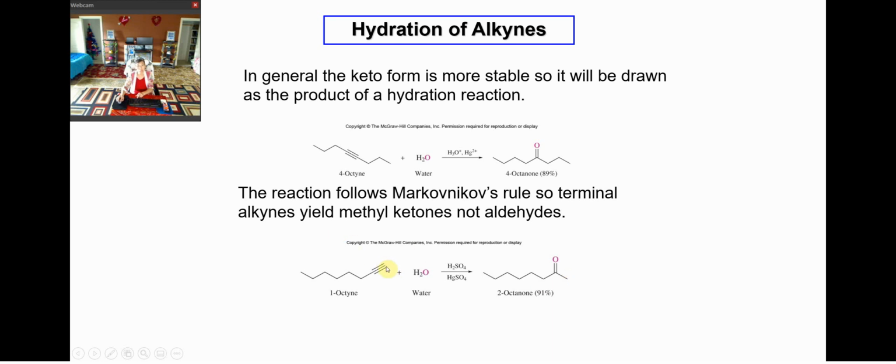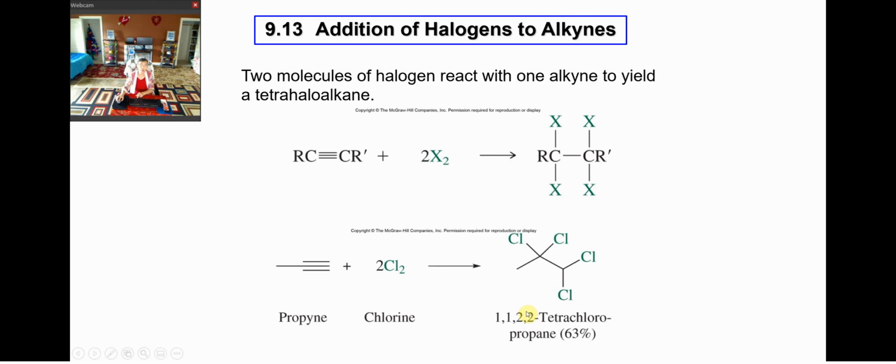So that's not going to be produced. Not going to form aldehyde. You form ketones. So again, you must have sulfuric acid, strong acid, and mercury sulfate as your catalyst. You convert alkyne to ketone forms. So this is about the hydration reaction.